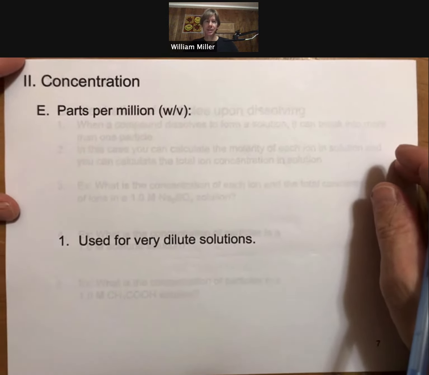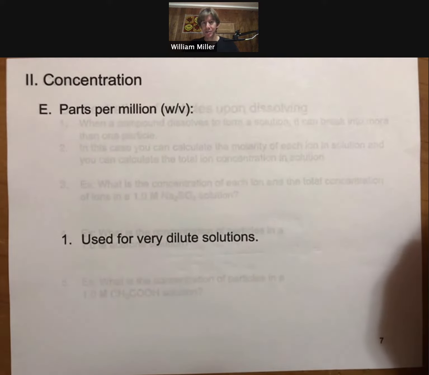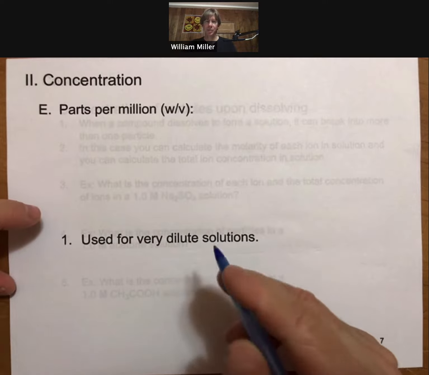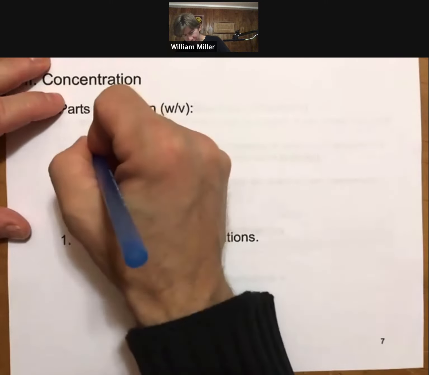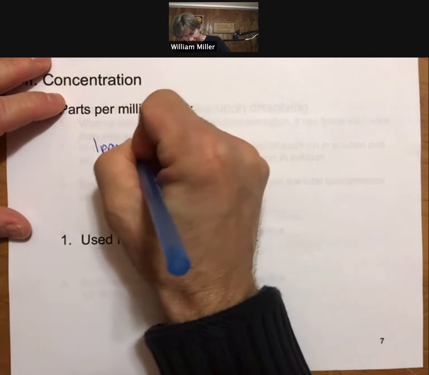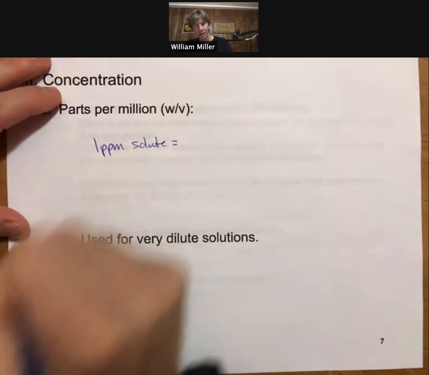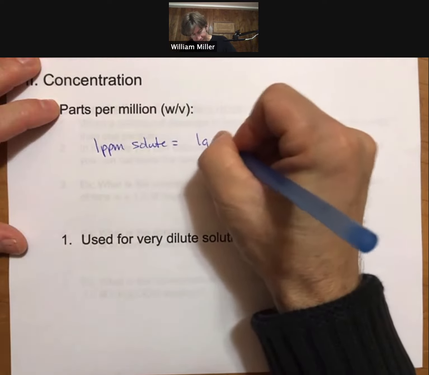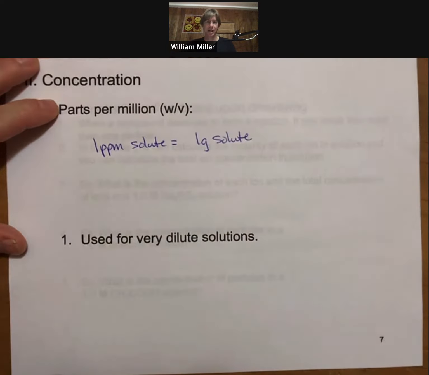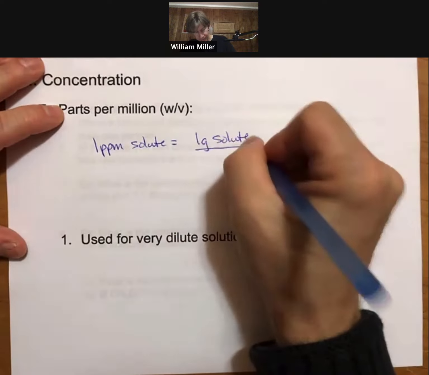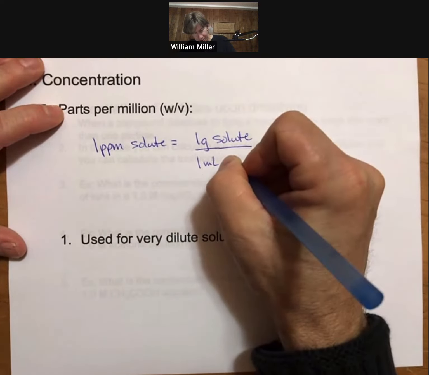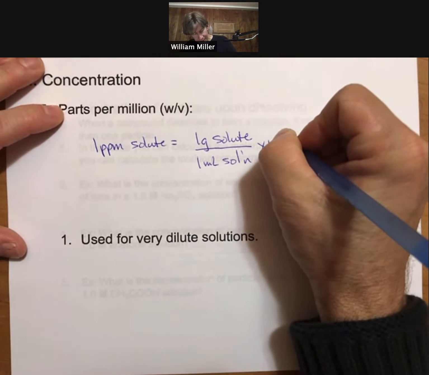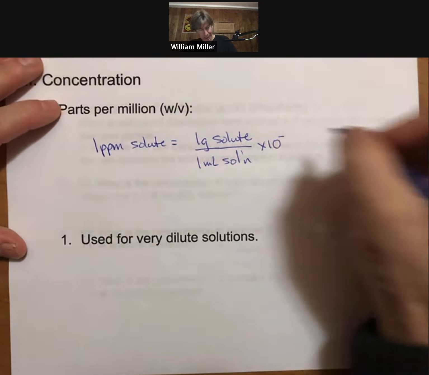Now, parts per million, again, let's talk about all the different units here. These are used for very dilute solutions. We've given the definition of this before. 1 part per million of solute equals 1 gram of solute over 1 milliliter of solution times 10 to the minus 6.